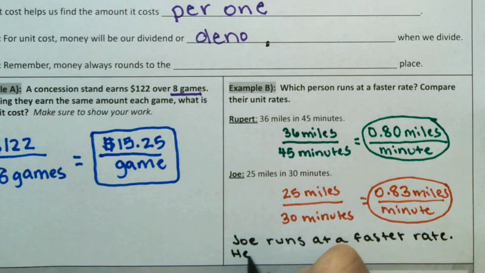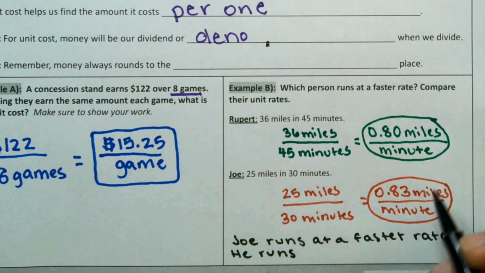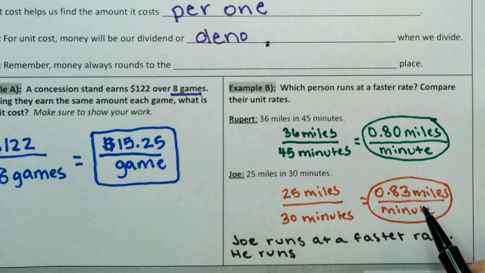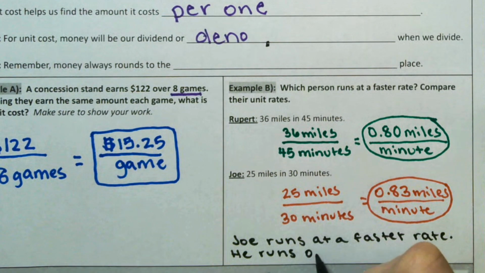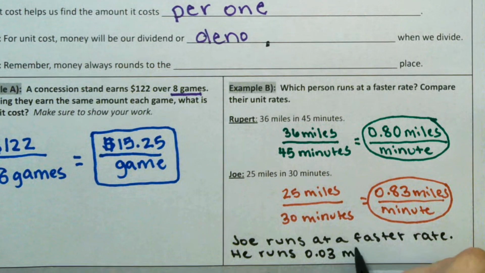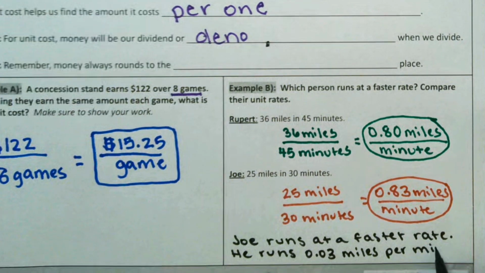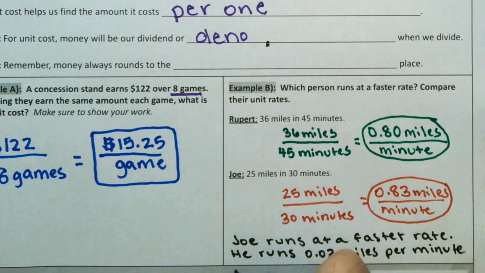He runs 83 minus 80 hundredths is 3 hundredths. So he runs 3 hundredths miles per minute faster than Rupert.